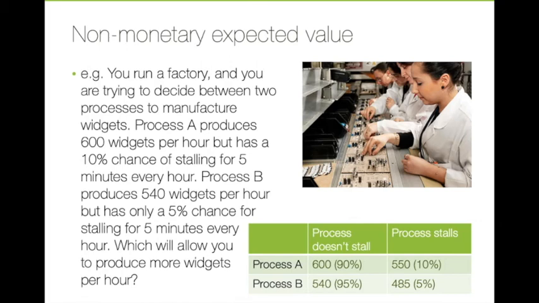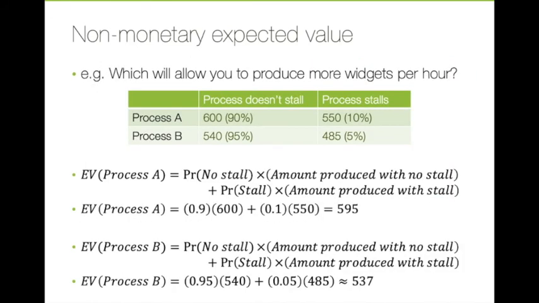We want to calculate whether the reliability of process B makes up for its slower production rate. We can do that by calculating the expected values, the expected widgets per hour, for each of these processes. Process A makes 600 widgets per hour 90% of the time.